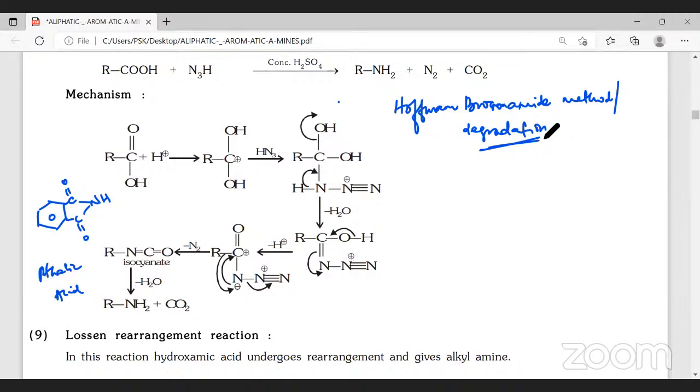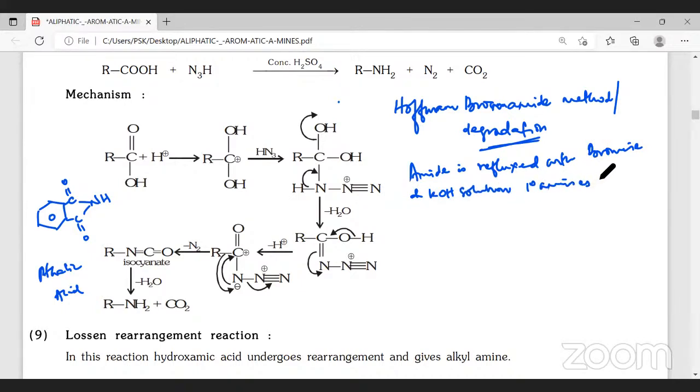When an amide is heated or refluxed for a long time with bromine and potassium hydroxide solution, primary amines are formed.